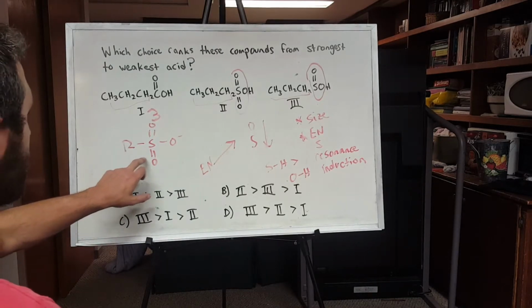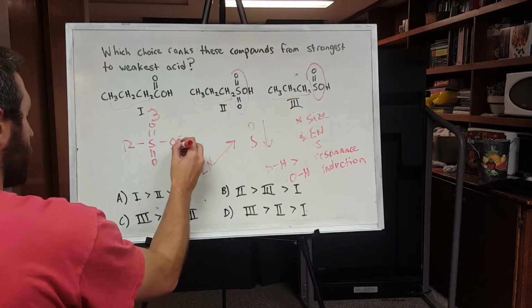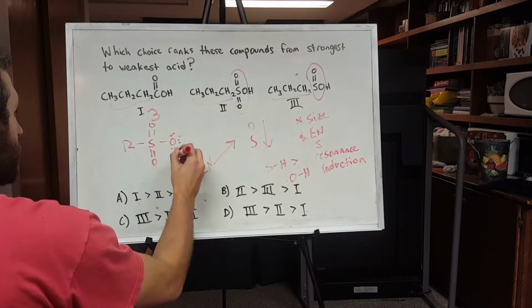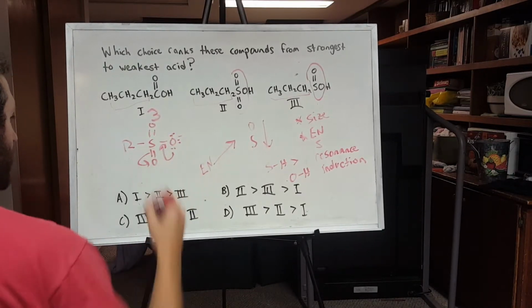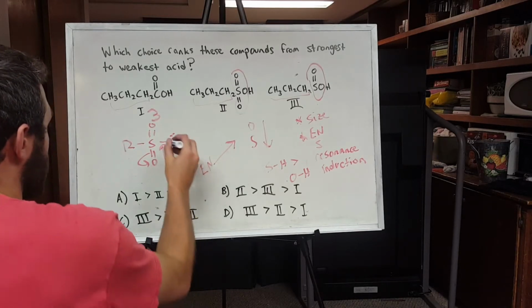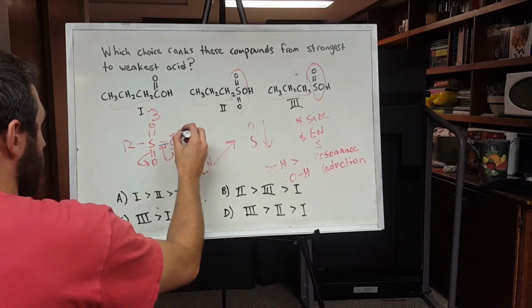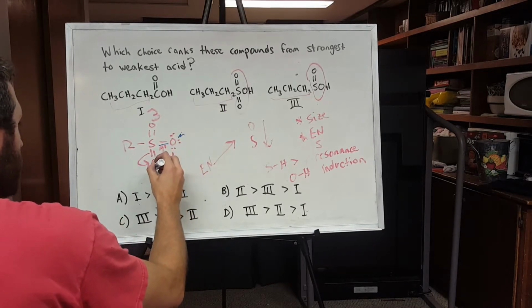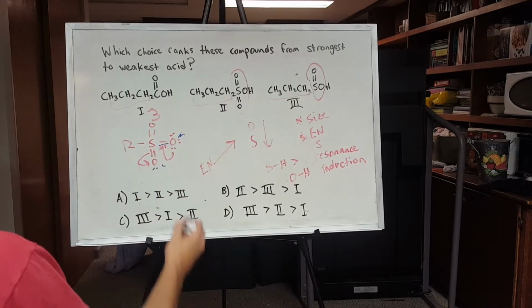So this minus charge can be moved with resonance onto all these oxygens. We could go like that, and what did that just do? We put a double bond here, turn this into a neutral charge, put a lone pair here, minus charge, right?